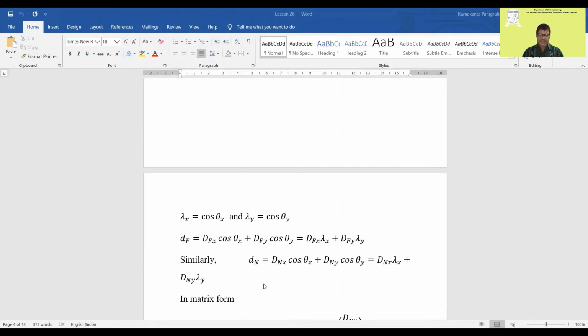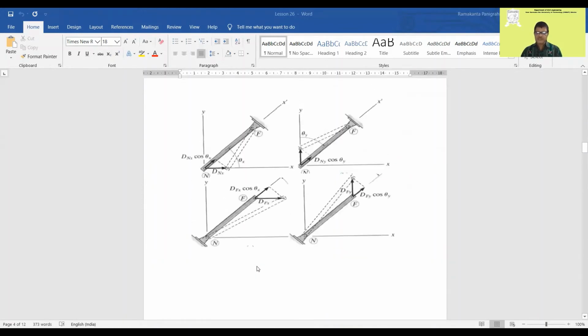Similarly, you can find dnx cos theta x, dny cos theta y. So d near end, n means near end, xy is the global axis, and dn and df are the displacements. See here. And find the values: dny cos theta y, dfy cos theta y, dfx cos theta x, dnx cos theta x.